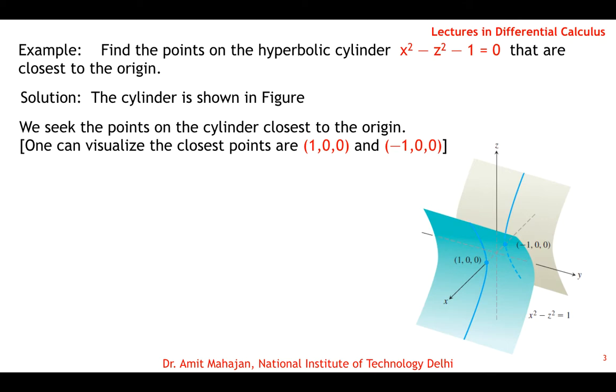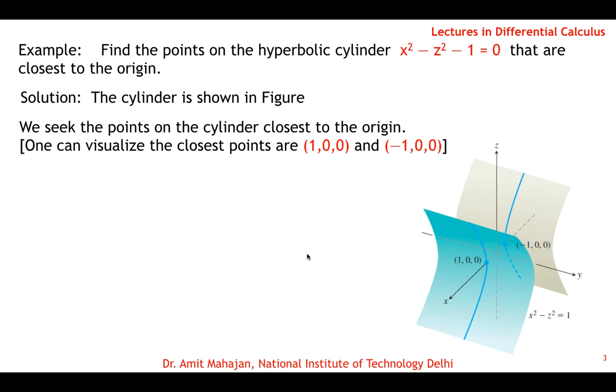Now if we go with the method that we learned in the previous lecture, first we have to find a point which is closest to the origin, so we have to minimize a function of distance from the origin to some point on this cylinder. By the distance formula, the distance will be the root of x square plus y square plus z square.